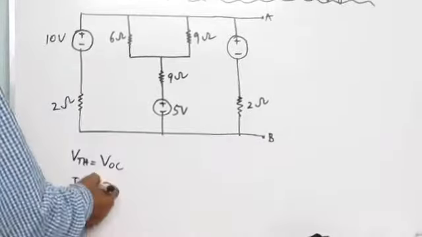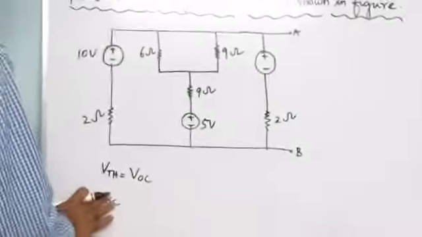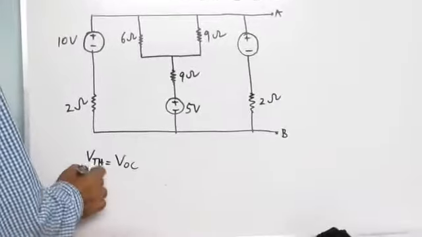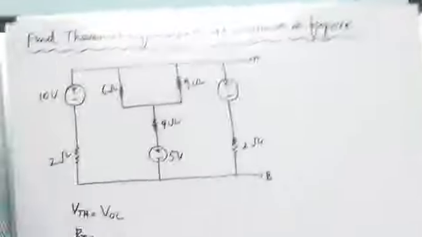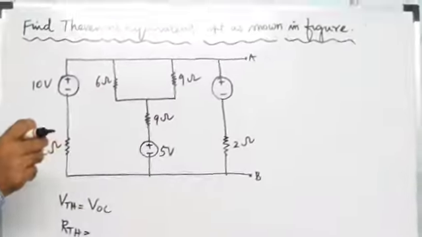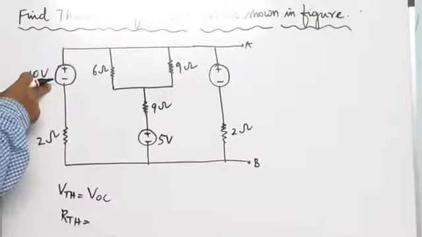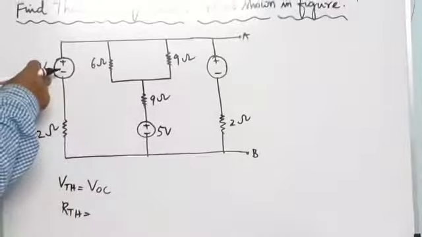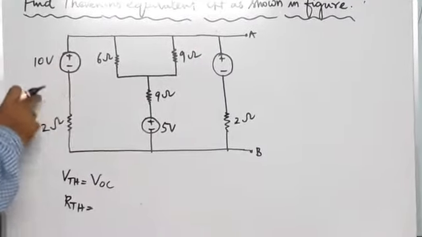Or in this circuit, Isc is not necessary, you can directly find RTH, because here all are independent sources. The condition for finding RTH: if a voltage source is there, you have to short it. If a current source is there, open it. That is the condition.